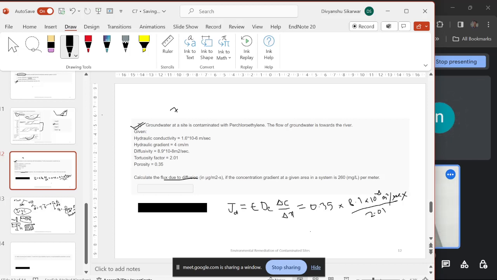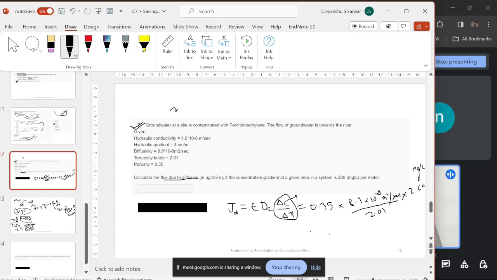Then we have delta c by delta x. So what value did you take for delta c by delta x? 260 milligram per liter per meter. This we can take as the concentration gradient, right? So it will be 260.